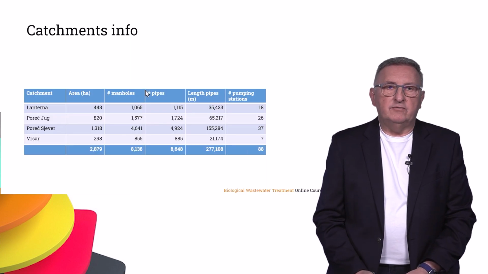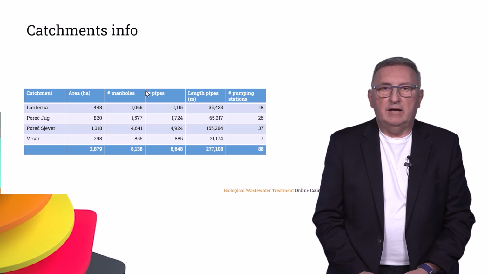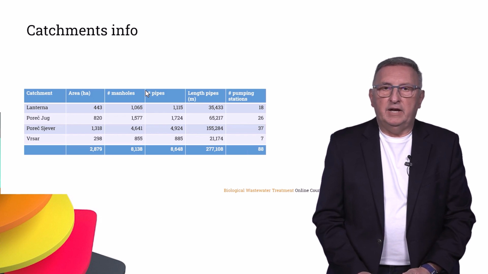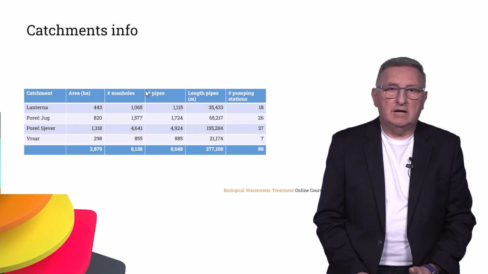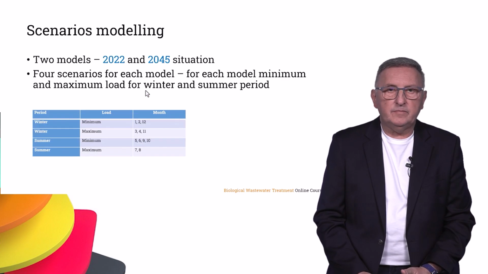The catchment information is shown in this table. We have a total pipe length of 277 kilometers, 88 pumping stations and many manholes, 8,600 pipes, and the total area was almost 3,000 hectares.